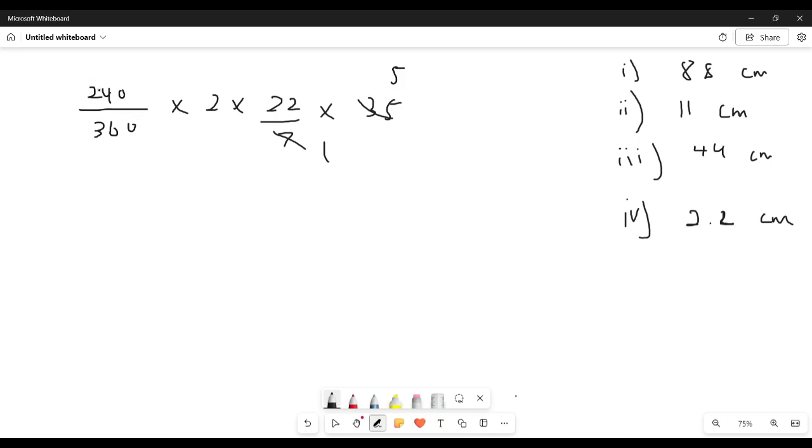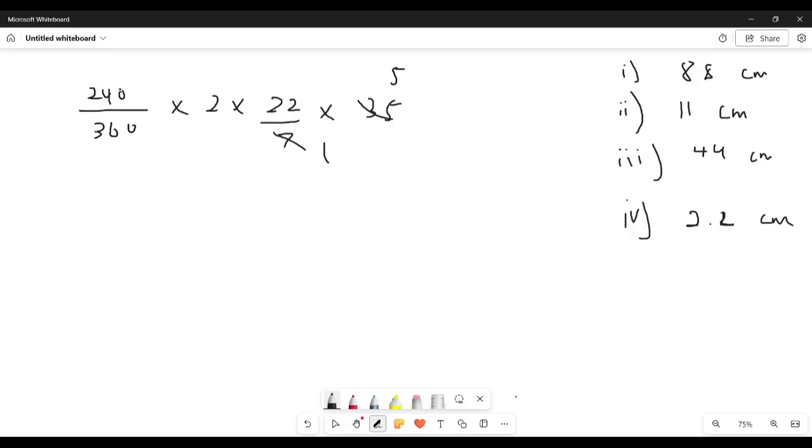So 24 and 36. What can we bring? Now we have 24. That is 3 times 8, so we're using the 3 times table. 3 eights are 24.